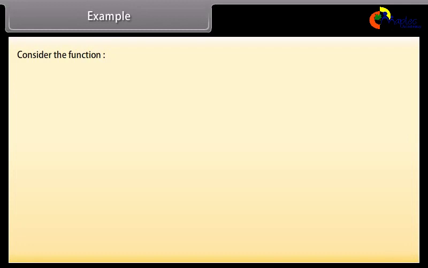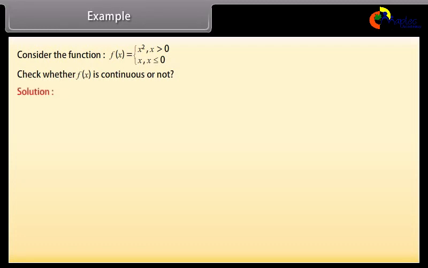Example. Consider the function f(x) = x², x > 0, and f(x) = x, x ≤ 0. Check whether f(x) is continuous or not. Solution.